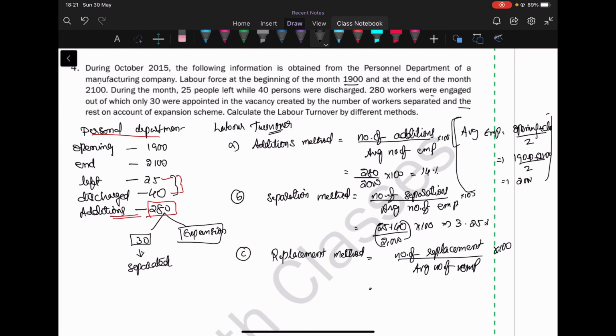Number of replacements: see here, I said 280 employees joined, out of which 30 employees are to fulfill the places of the employees who were already working. In the sense, these 30 people joined in place of the employees who resigned or left the organization. But the remaining 280 minus 30 is 250. These 250 employees have joined for the expansion purpose.